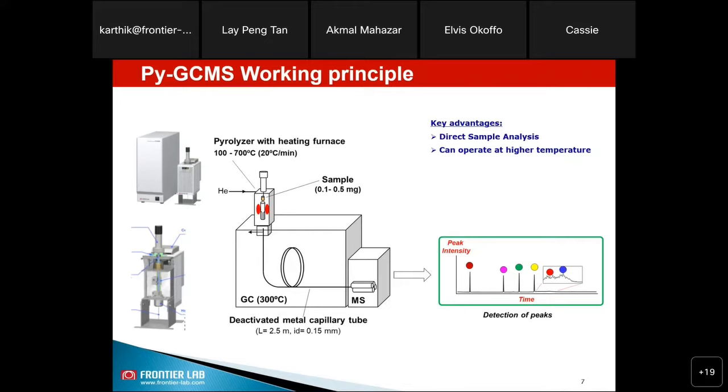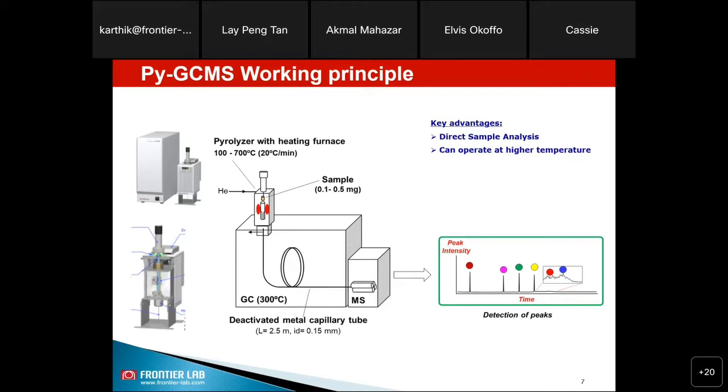And secondly, you can treat the sample at very high temperature, so that allows you to analyze macromolecules without any sample preparation. When you treat the sample in this micro furnace, the carrier gas of the GCMS is connected through the pyrolyzer, the furnace. So the compounds that are released or fragmented or broken down from the parent compound will be pushed to the column for separation, then subsequently detected by the detector.